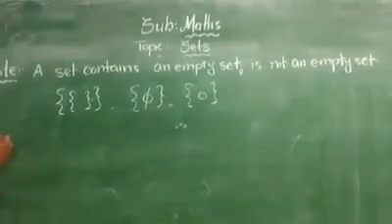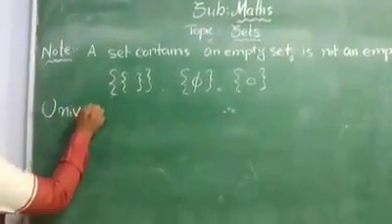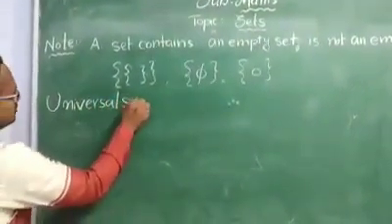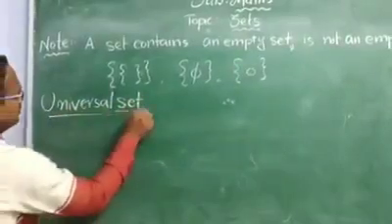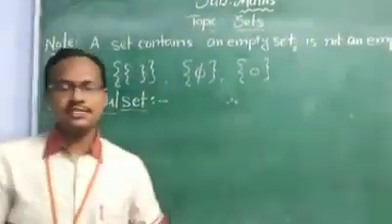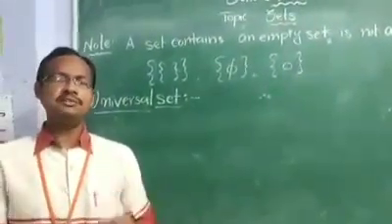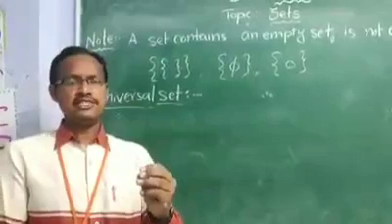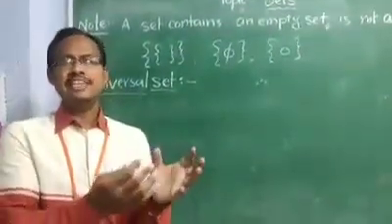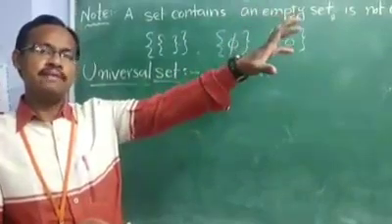And the next one is our universal set. Universal set means a set. Suppose we are taking some sets. Suppose I take yesterday's video, that is the set of vowels. We took vowels from where?